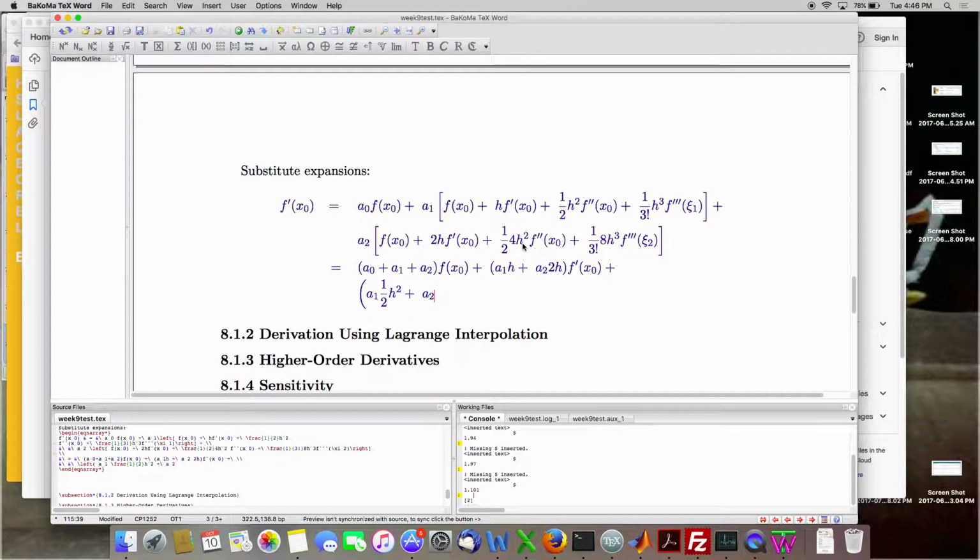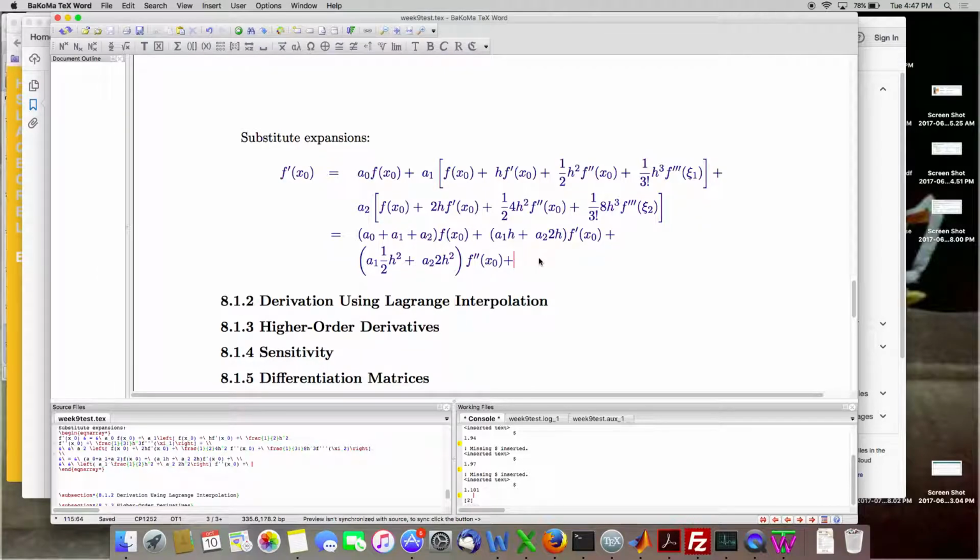So a2 times 2h squared. I don't want a subscript there. F double prime x naught. So I have these combinations of coefficients.